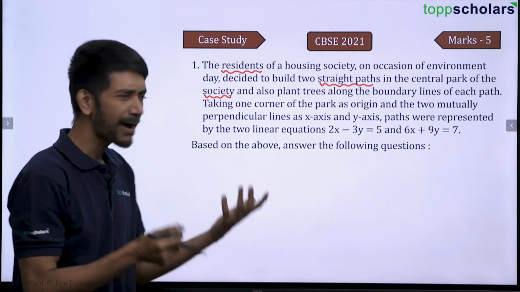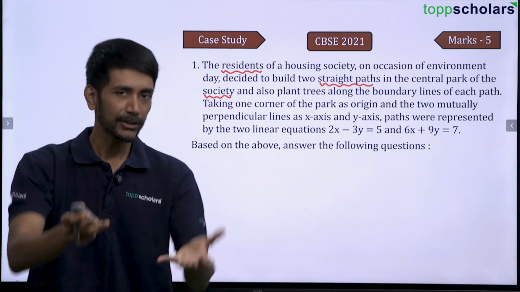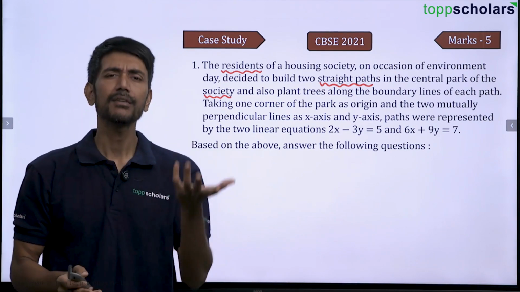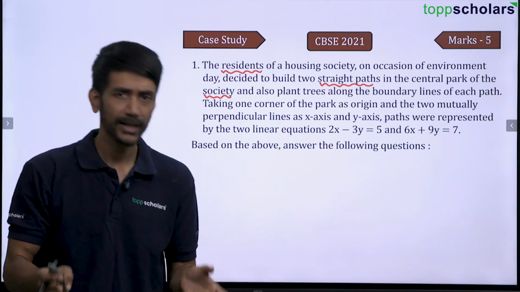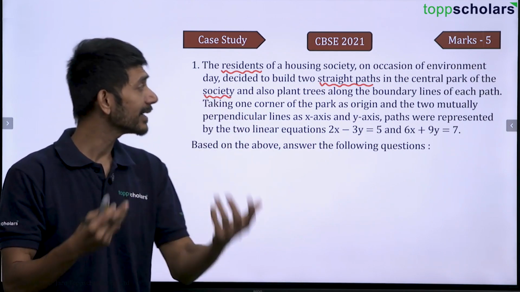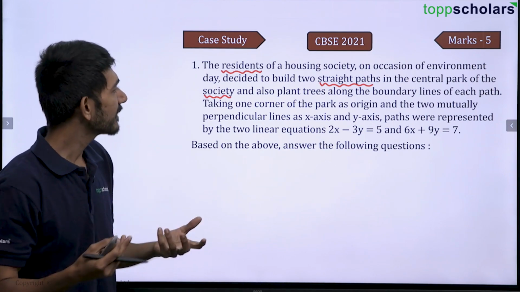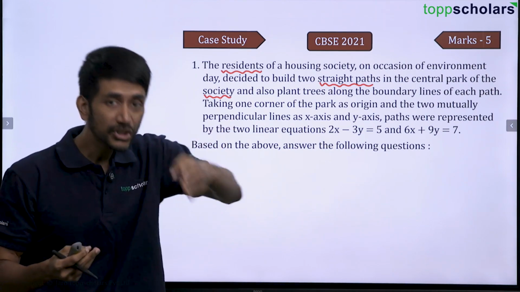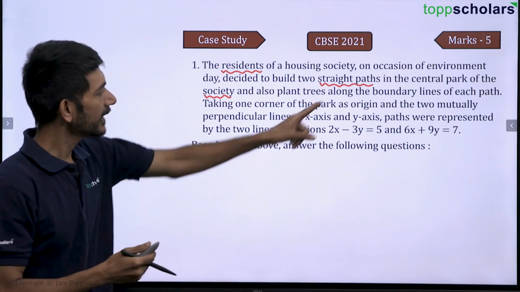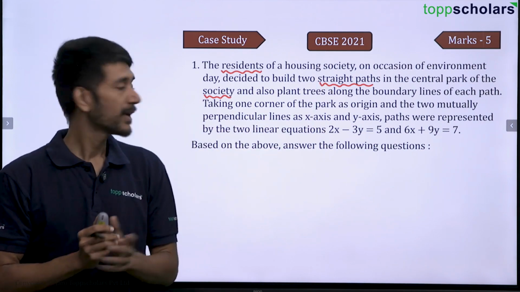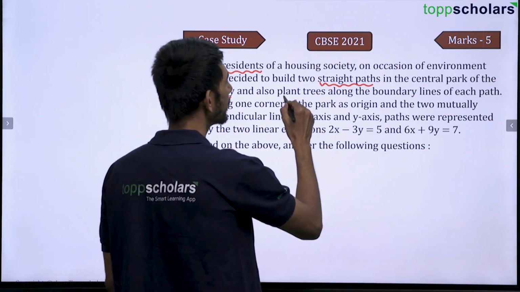So you can imagine a bit here. No need to actually draw anything. Just have a visualization. Basically, what is happening? There is a society and there is Environment Day. So they are deciding to do something, right? What they decided? They decided to build two straight paths in the central park of the society and also plant trees.